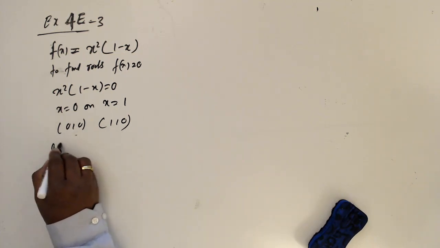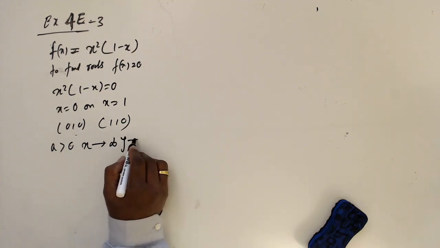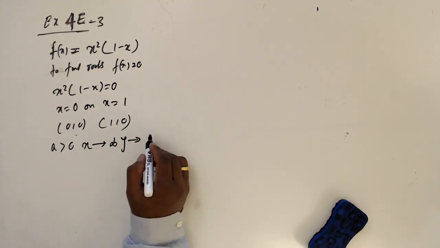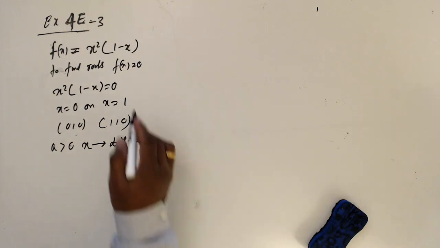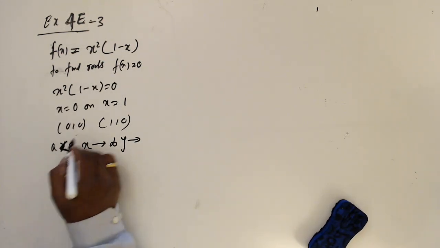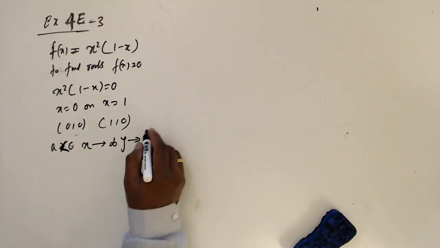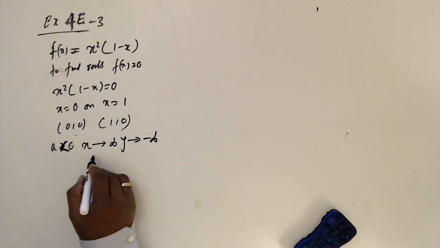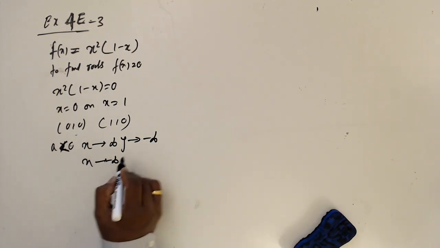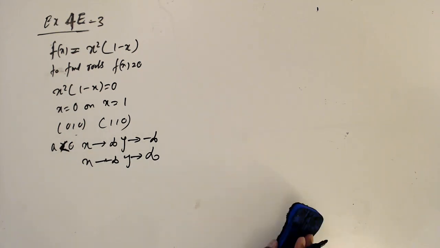Now since a is greater than 0, as x goes to positive infinity, y goes to... okay, a less than 0, cubic value, x goes to positive infinity, y goes to negative. X goes to negative infinity, y goes to positive infinity.